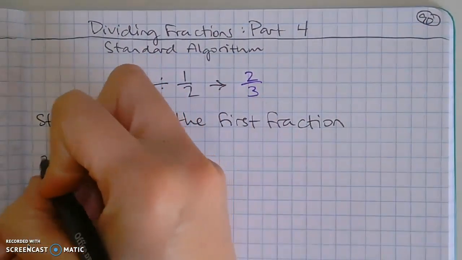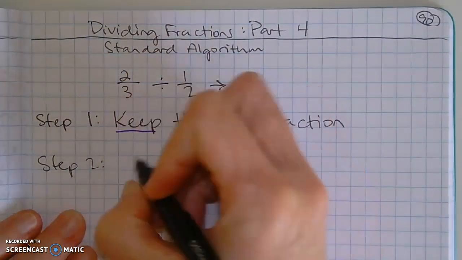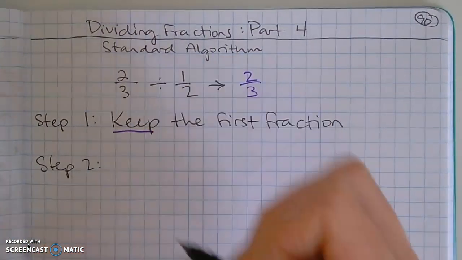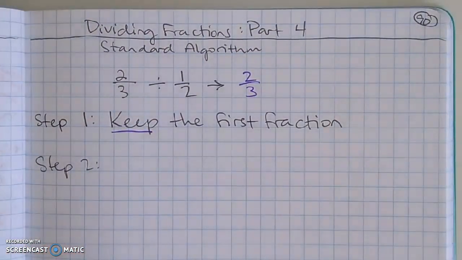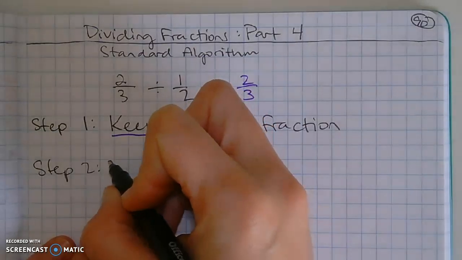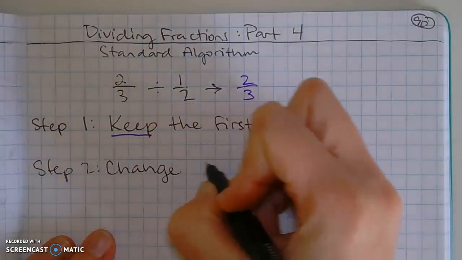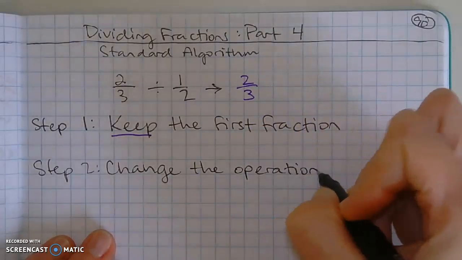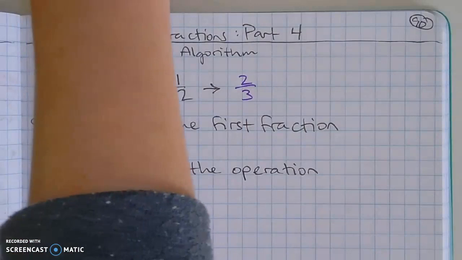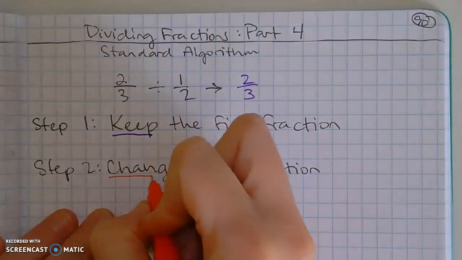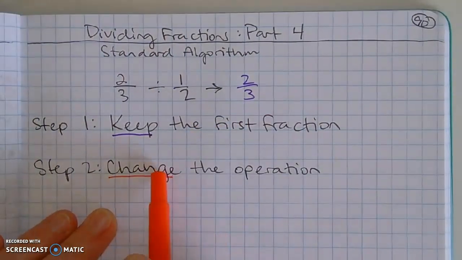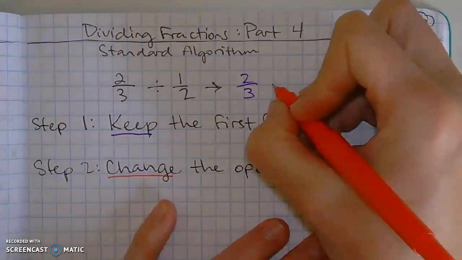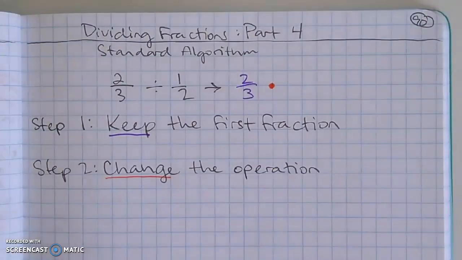Okay, step 2, this is going to be change. So I'm going to change the operation. So let's do red here. So I'm going to keep the first fraction. I'm going to change the operation. So I'm going to invert that or do opposite. So I'm going to do multiplication.